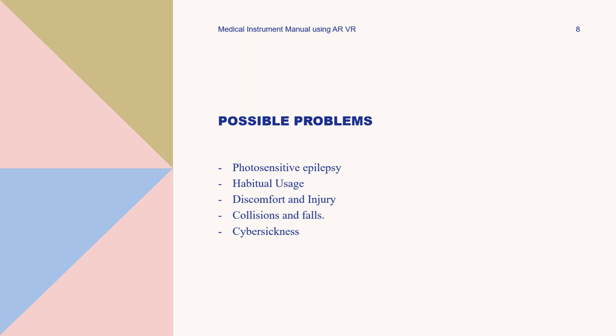That is discomfort, injury, collision, and falls. If you use any video devices or AR VR, you will obviously get used to it, and that is what habitual usage is.